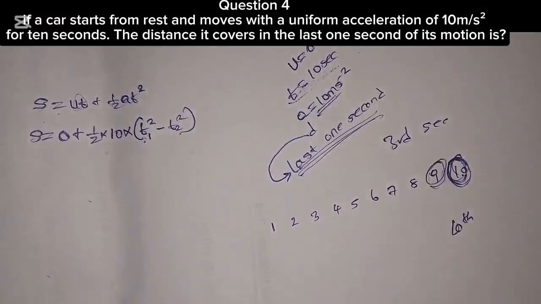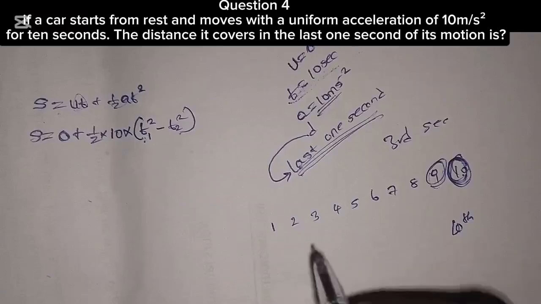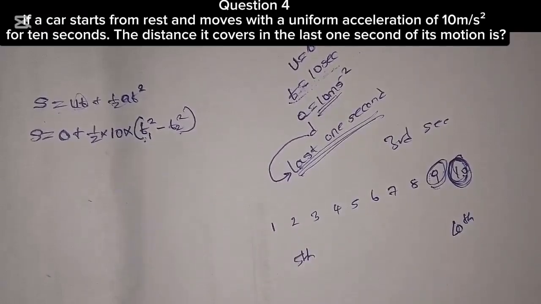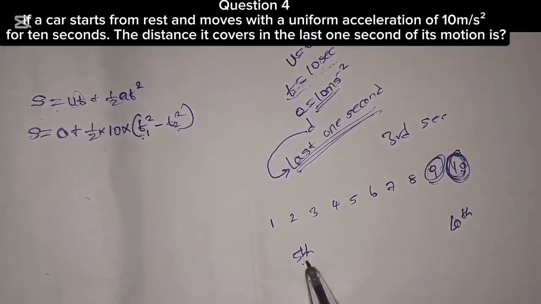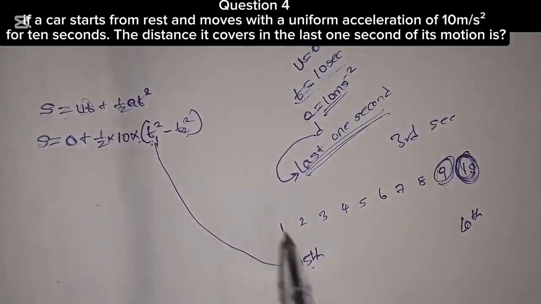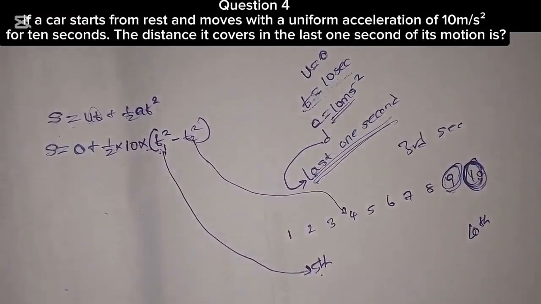I know that you guys may not understand. For example, if they say you should look for the distance in the 5th second, T1 will be 5, T2 will be 4.